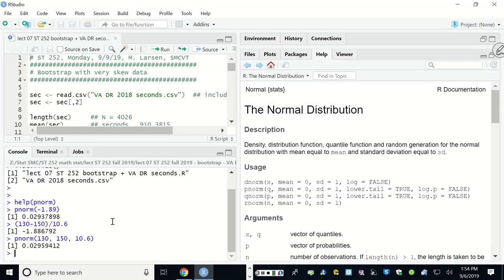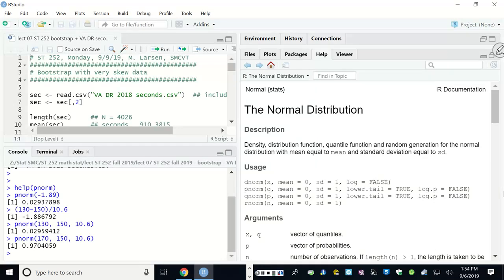And if you put in 170 in here, it's going to give you 97%, because that's the chance of being less than that. Doing 1 minus that is going to give you the upper tail. So you can calculate a number of things. If you want between two values, you can calculate the probability you're less than one of them and then subtract out the other.